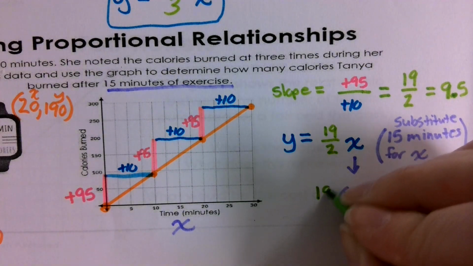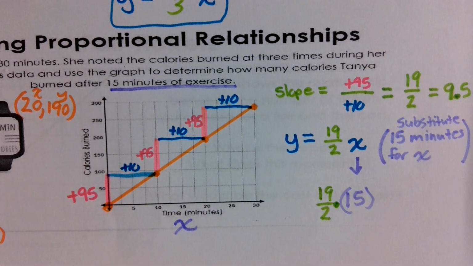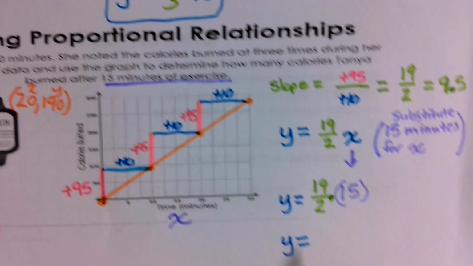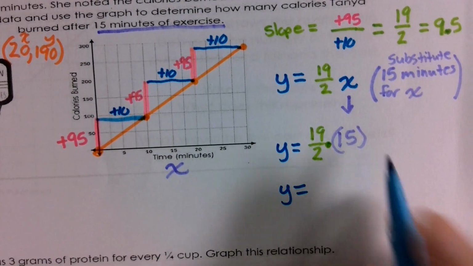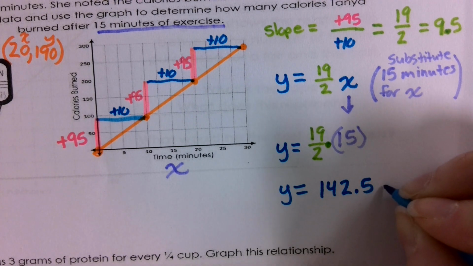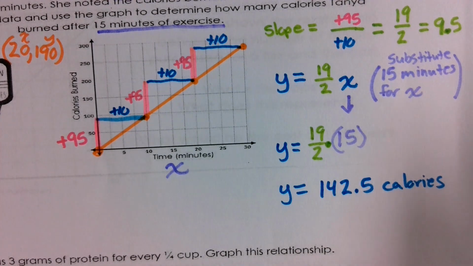So I now have 19 over 2 times 15, and that's what my calories will become. When we multiply 19 over 2 times 15, we're going to get 142.5 calories. So after 15 minutes, she'll burn 142.5 calories.